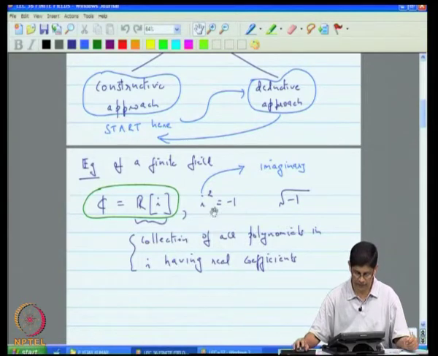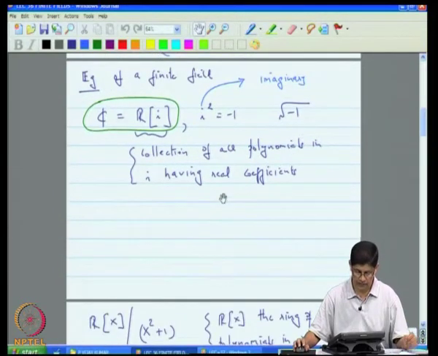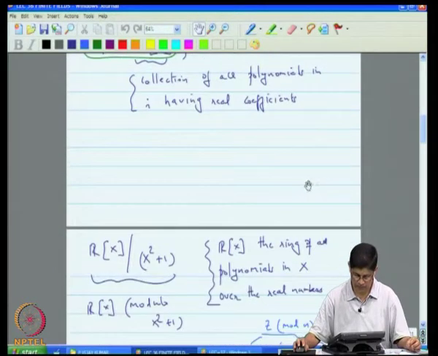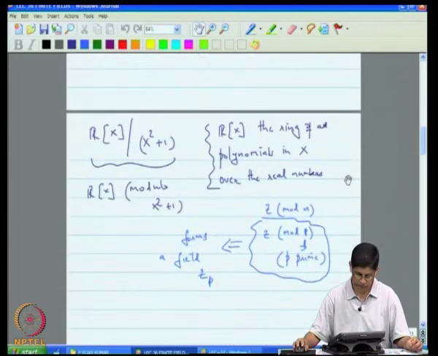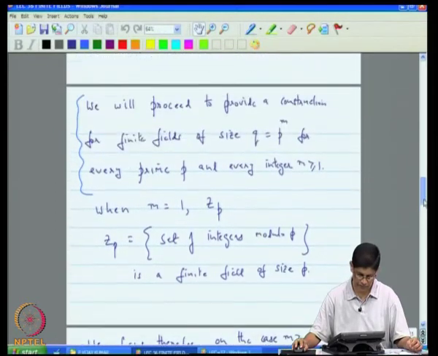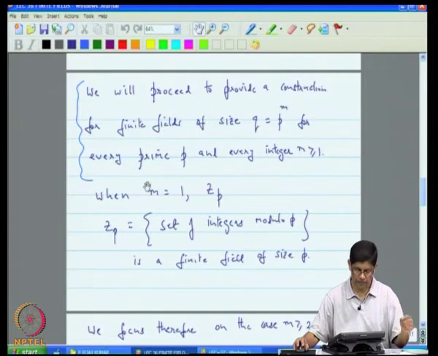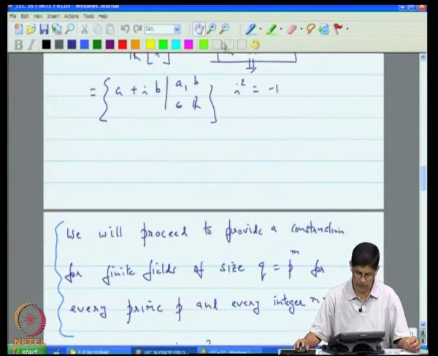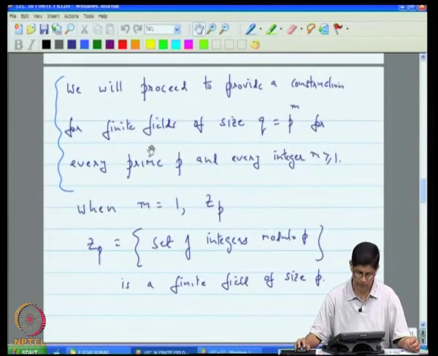And I motivated my construction for finite fields by making an analogy with the class of complex numbers, but I will skip that. We will provide a construction for finite fields of size q equals p to the power of m for every prime p and every integer m.